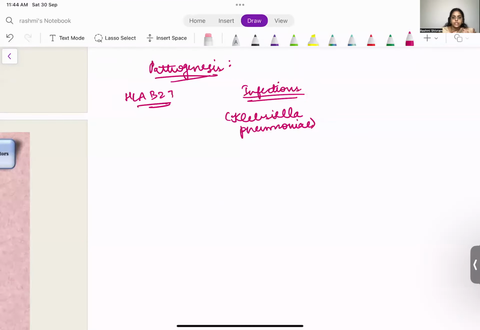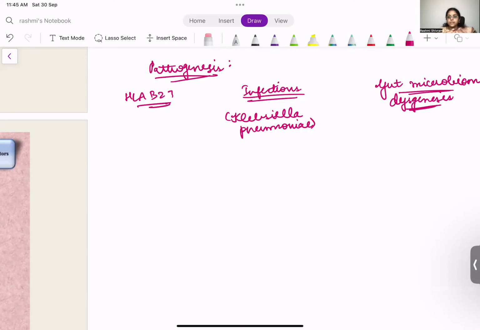Next, this includes the environmental factors also. Then one more important thing is gut microbiome dysgenesis, right? What do we mean by that? We all know that there is flora in the gut, right?